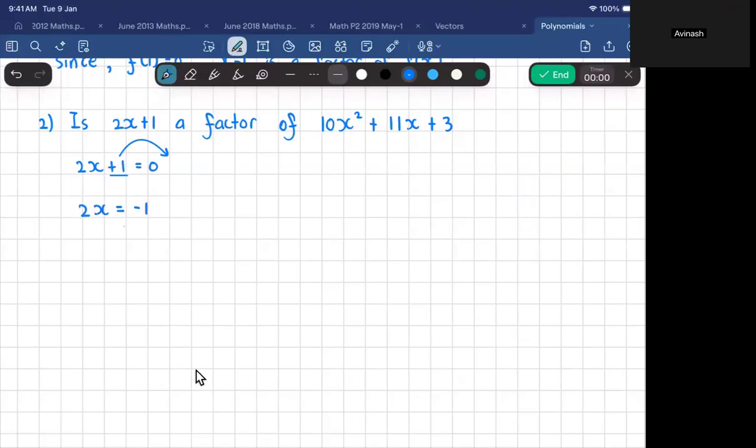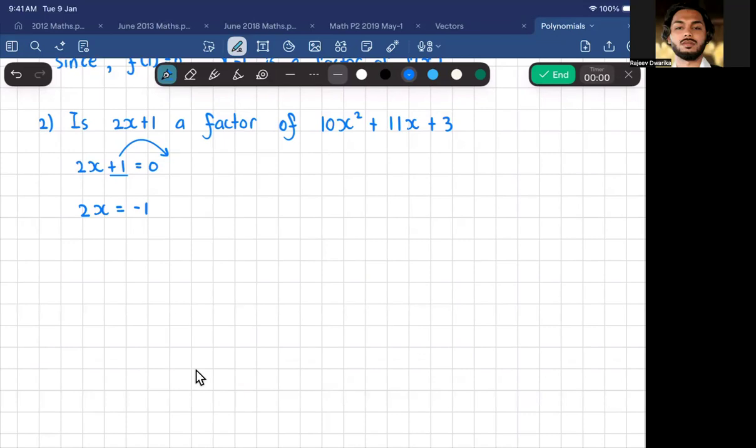And what next? How do we find x? So I have 2 multiplied by x. What do I have to do on both sides so that the 2 would cancel off? Divide by 2.